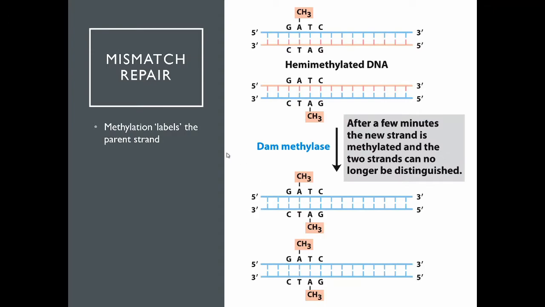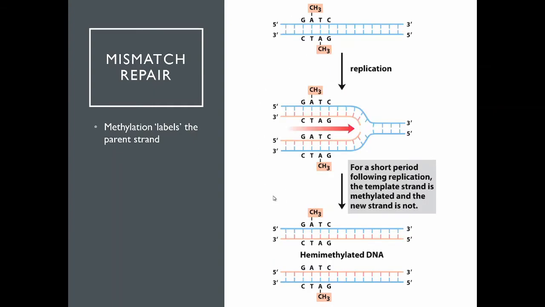So then there are enzymes that look for mismatches, and a mismatch is detectable because two bases that are across from each other and don't pair can be detected by proteins that bind DNA, because it causes a kink in the DNA double helix.